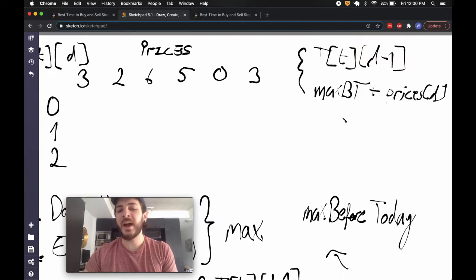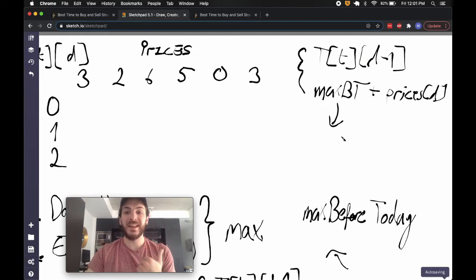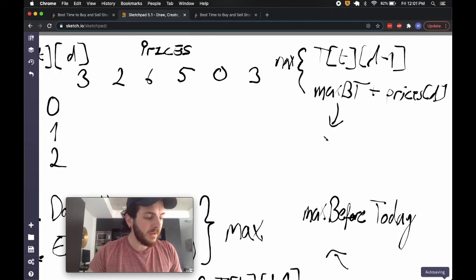The thing is, I want to make clear what this maximum before today looks like. The max of these two will give us any given entry here. The max before today is equal to the following.